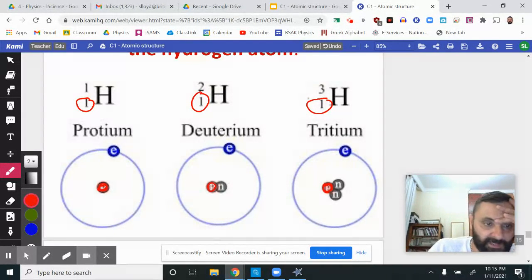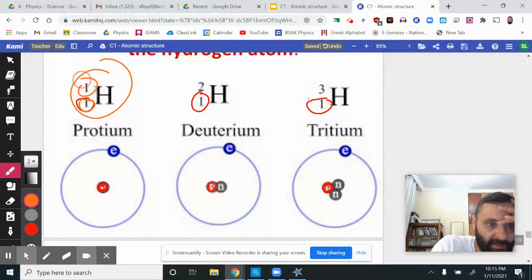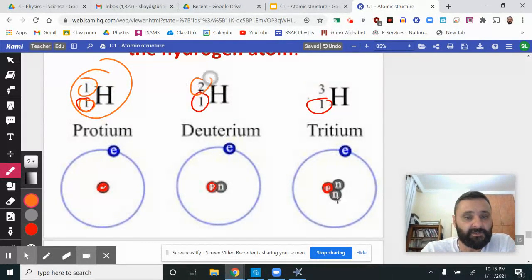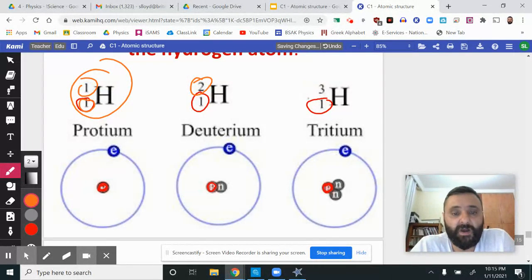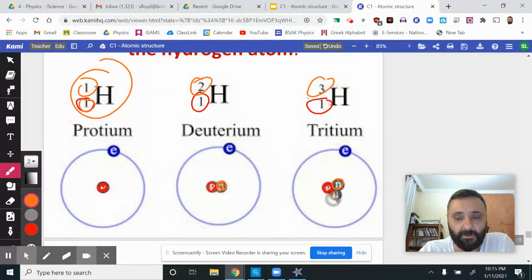This one has a mass number of 1, so 1 minus 1 means it has 0 neutrons. This one's got a mass number of 2, so 2 minus 1 means there's 1 neutron. This has got a mass number of 3, so 3 minus 1 is 2 neutrons in the nucleus. So, 3 different isotopes of the element hydrogen.